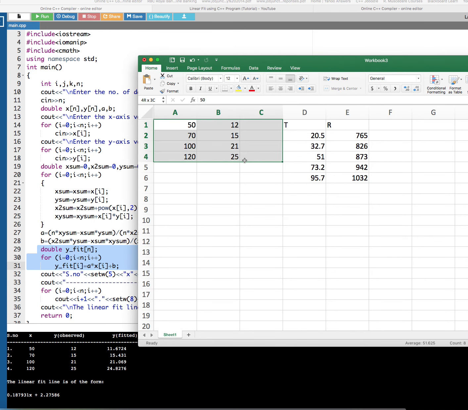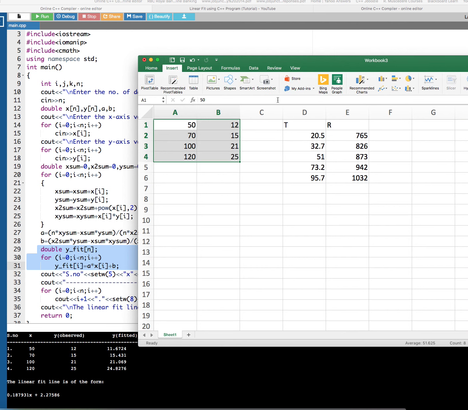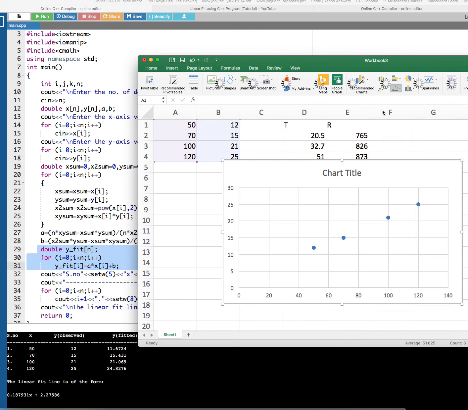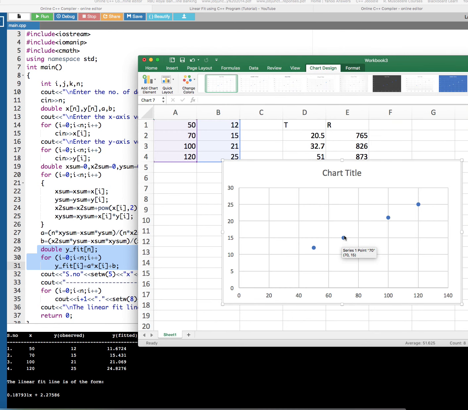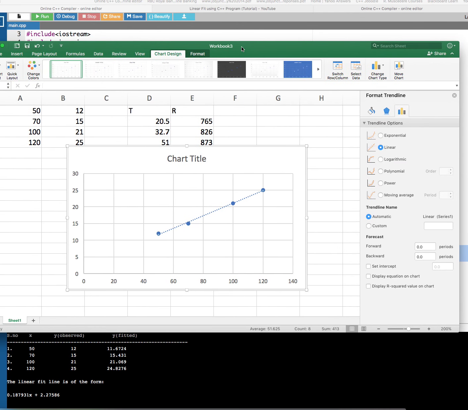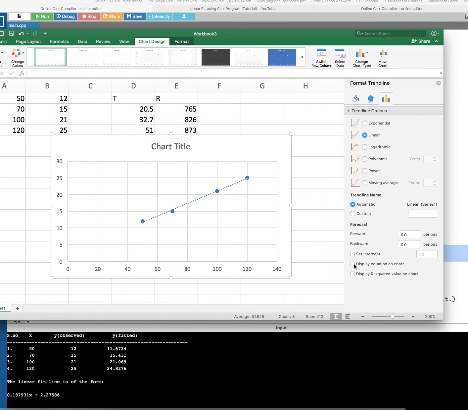Let's go ahead and select this one and go to insert and select this graphing right here, and if you click this point and select add trend line, and then display the equation on chart.